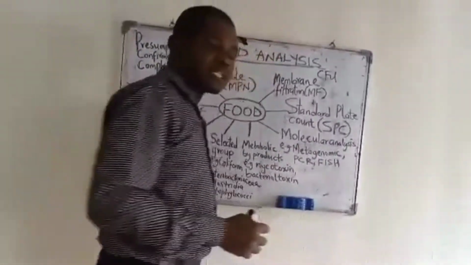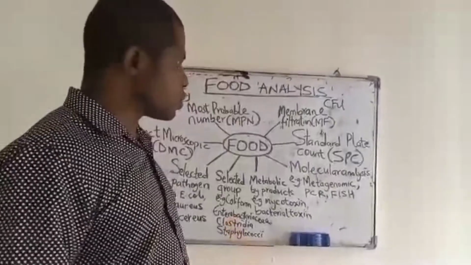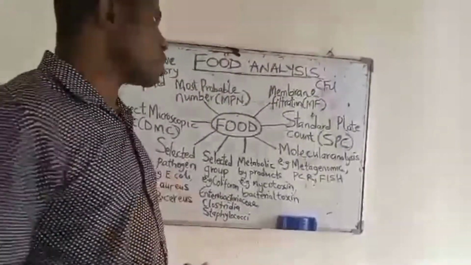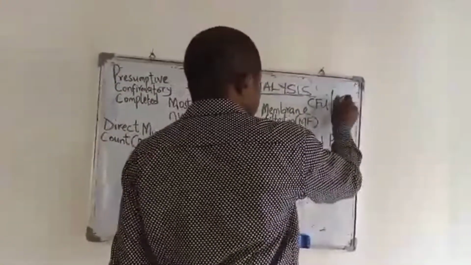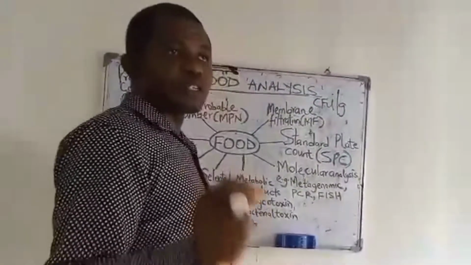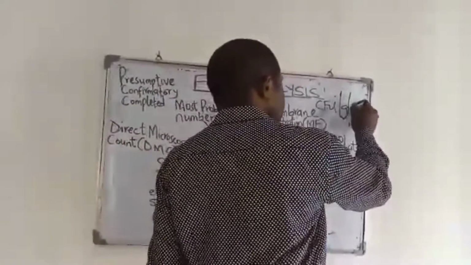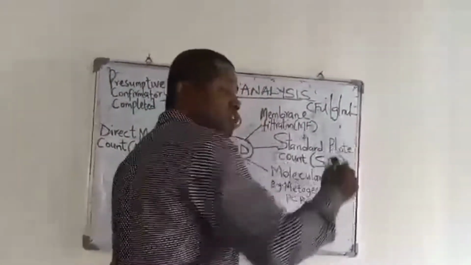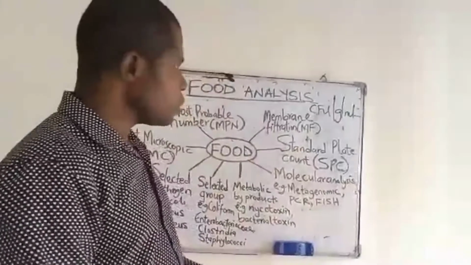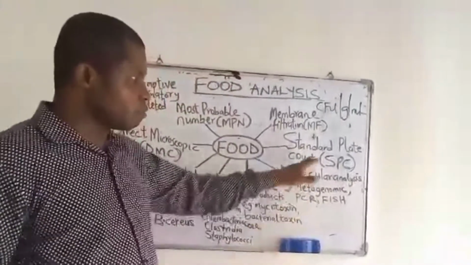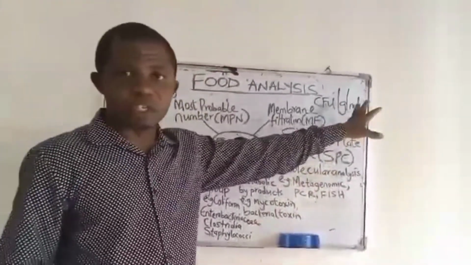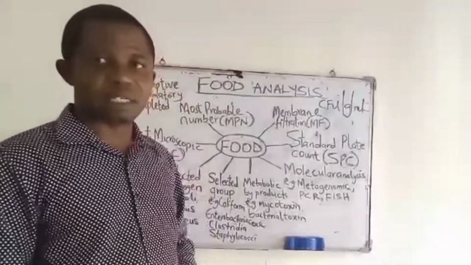CFU is an acronym that stands for colony forming units, colony forming unit per gram if the food sample is solid, or per ml if the food sample is liquid. So this is how results of SPC are expressed and documented.